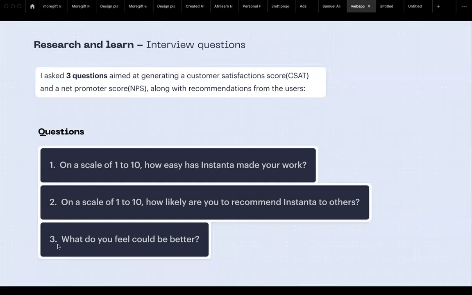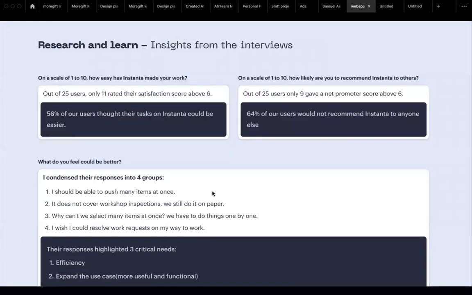And then, what do you feel could be better? These 3 questions are very open and very straight. The first tells us how much people like it, and the second tells us how much people like it so well that they are willing to give it out. And to probe, the last lines up with whatever they say could be better. So you can see their answers.